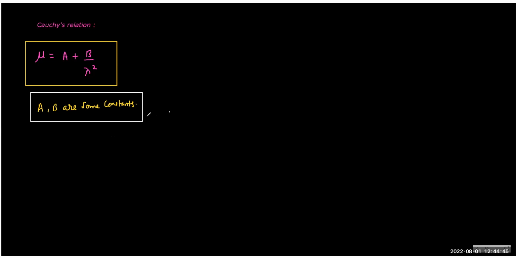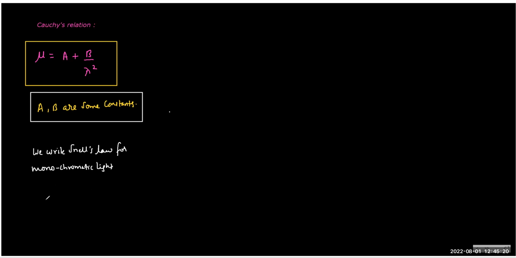Now, the refractive index is a function of wavelength. So now we can find the critical angle for one particular component of light. We cannot write Snell's law for the white light. We can write Snell's law only for monochromatic light.